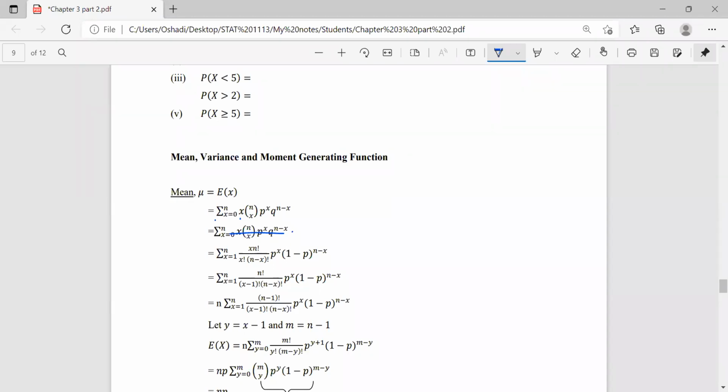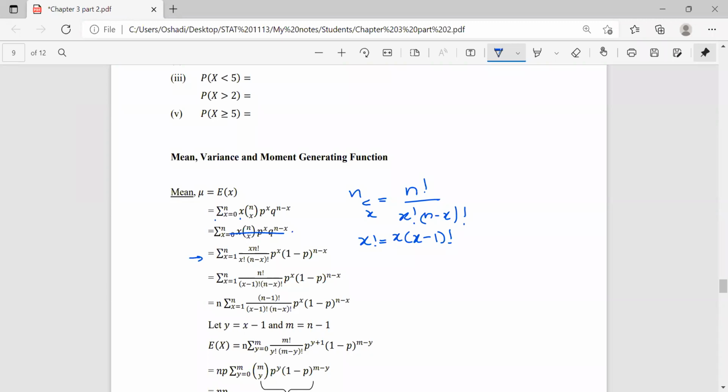Then we can write this x as x into factorial x minus 1. This is the same.